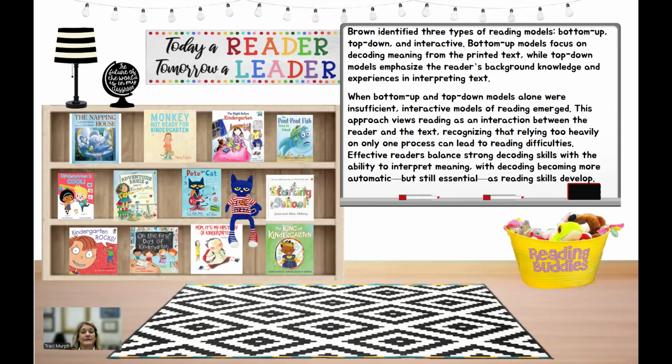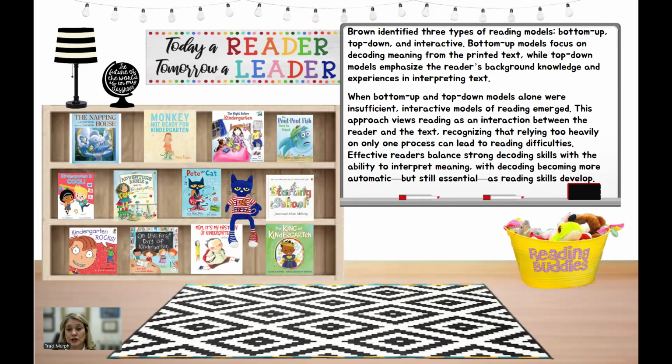Top-down models emphasize the reader's background knowledge and experiences interpreting the text. Well, here's what happens. When bottom-up and top-down models alone were insufficient, that's where interactive models of reading emerged. That interactive approach views reading as an interaction between the reader and the text, recognizing that if we rely too heavily on just the reader or just the text, that's when reading difficulties will emerge.